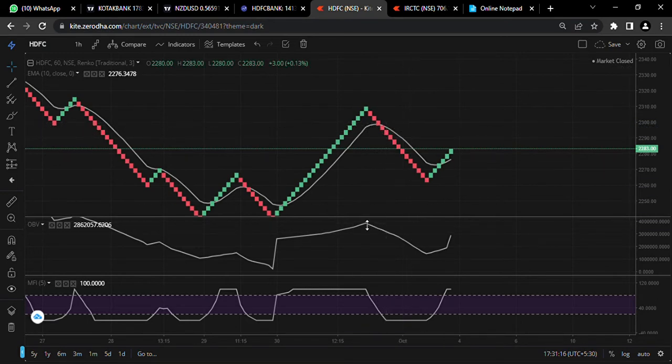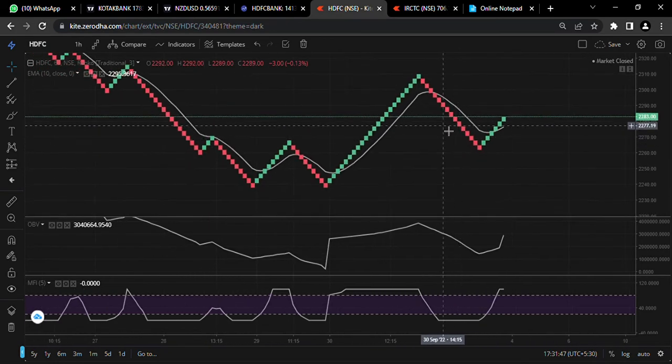And see the on balance volume is going downwards, but as I mentioned earlier, if the on balance volume is going downwards and the money flow index is showing a line over here, no trend, you have to avoid that trade, because there are some limitations and rules and regulations of our strategy which we have to follow. See now the stock has fallen down, but we have to stick to our rules.